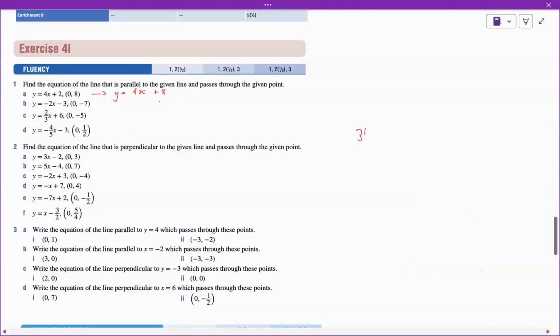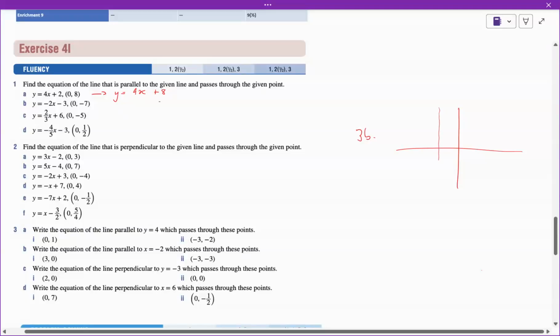In 3b, we're looking at a line parallel to x equals -2. Now, the line x equals -2 looks something like this. It's a vertical line that passes through -2, and the new line has to pass through the point 3. The only vertical line that passes through x equals 3 is the equation x equals 3. No other vertical line will pass through the point 3.